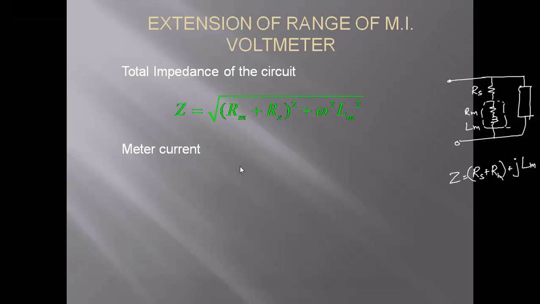The meter current would be total voltage by total impedance. So total voltage is the voltage across the load, which is capital V. So V by Z would be our meter current. So the total voltage is equal to meter current into the total impedance. So this is how we get the voltage.